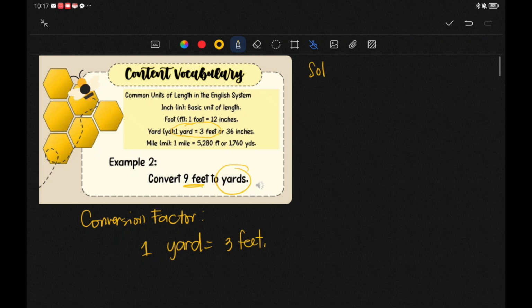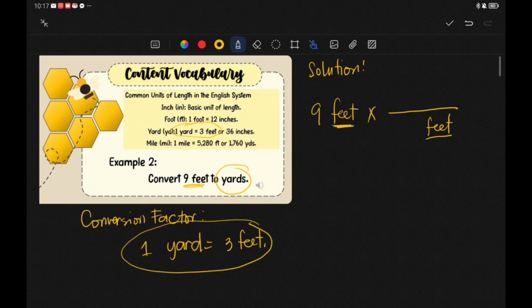Now, for the solution, we are going to write 9 feet times, again, whatever the unit of measurement is, it should be in the denominator, which is feet. And in our conversion factor, we have this one. So, we are going to write 3 feet, and on the numerator is 1 yard. So, this will become 9 times 1. That is 9.